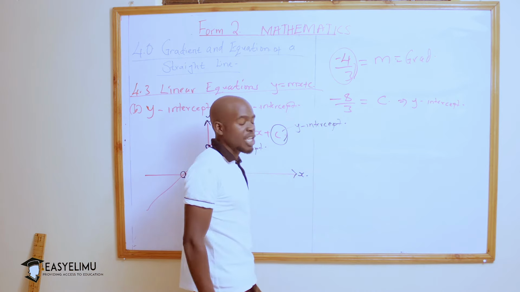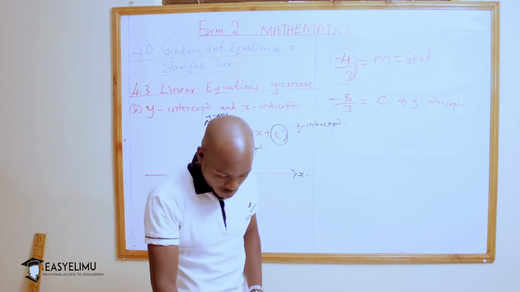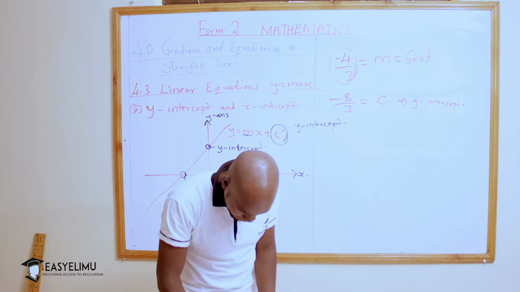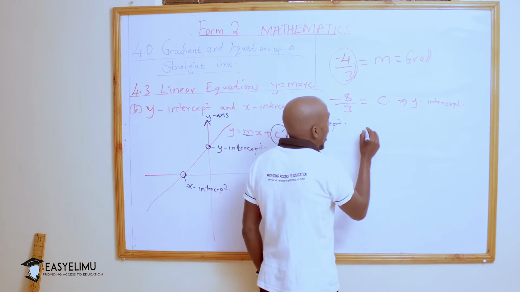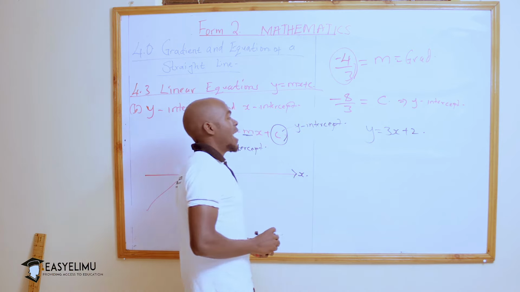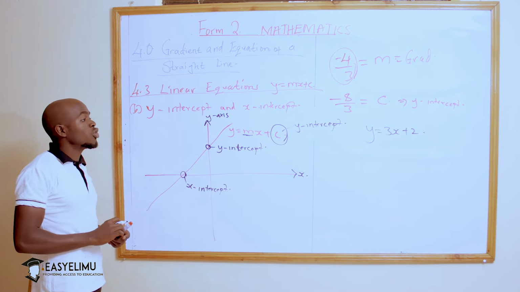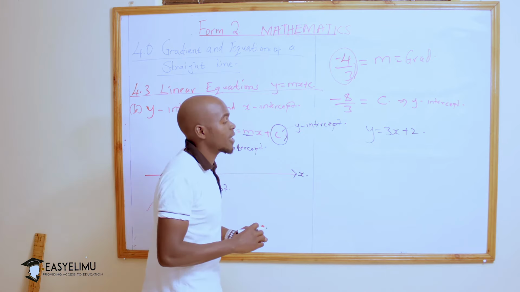Let's view it in an equation and see how we can demonstrate it. For example, we have y equals 3x plus 2. From the equation, we can identify the y-intercept and x-intercept.